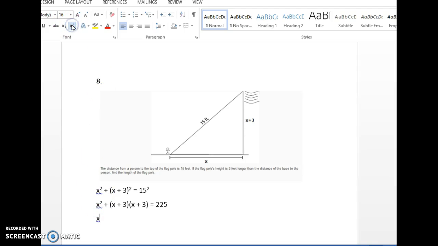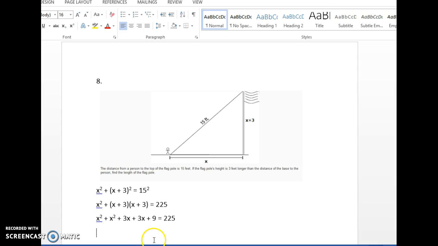And then we'll use the distributive property. X times x is x squared. X times 3 is 3x. And then 3 times x is also 3x. And then 3 times 3 is 9. And we get that.